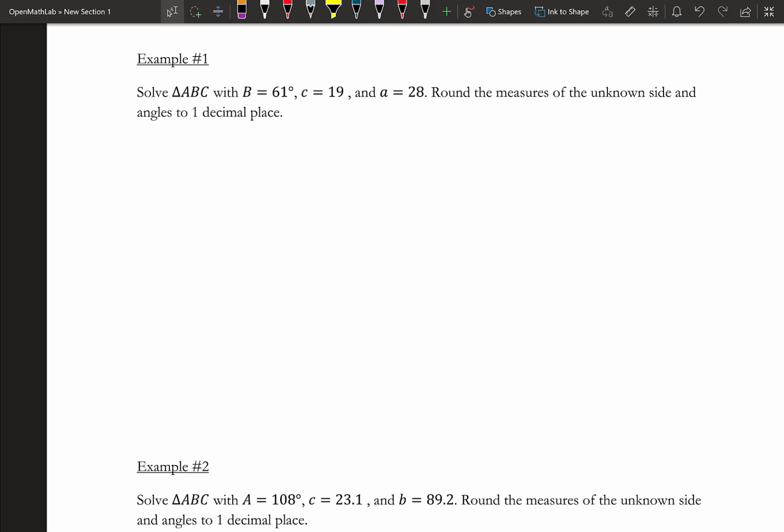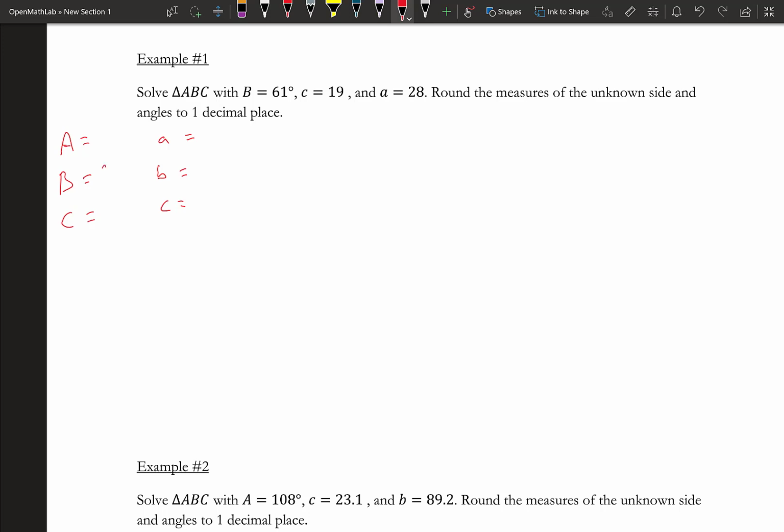So example 1: solve triangle ABC with angle B being 61 degrees, side length c being 19, side a being 28. Find the measures of the unknown sides and angles to one decimal place. So we're trying to solve the triangle. The generic thing that I like to do when solving a triangle is labeling what we're trying to find and what we know.